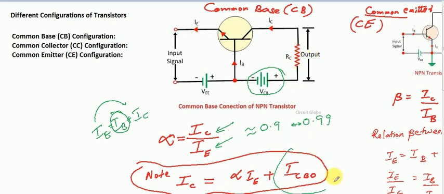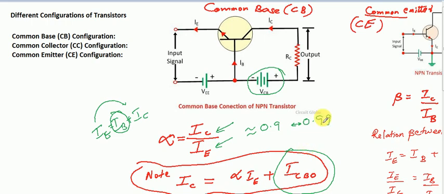We call it ICBO. ICBO is the collector base current when the emitter is open. It is the reverse current due to minority carriers in the collector base region, and it is a very small value.